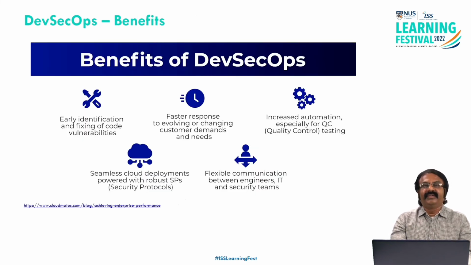So what are the benefits that we can look at by implementing DevSecOps? We can identify and fix code vulnerabilities early, and we can get a faster response to evolving and changing customer demands and needs, because we are adapting the agile practices, the agile mindset, the CI/CD practices, and increased automation, especially for testing and build automation, and seamless cloud deployment.